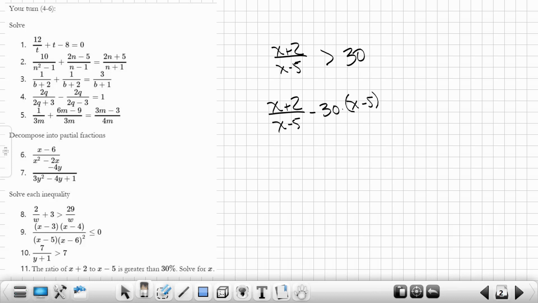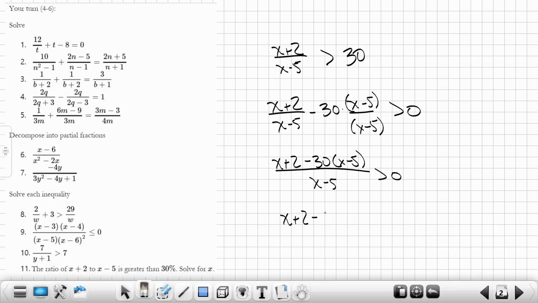Get a common denominator. This is just like number 10. I'm just showing the steps a little clearer here because we did 10 yesterday in class. So we have x plus 2 minus 30 times x minus 5 all over that common denominator of x minus 5. So we have x plus 2 minus 30x plus 150 all over x minus 5 is greater than 0.